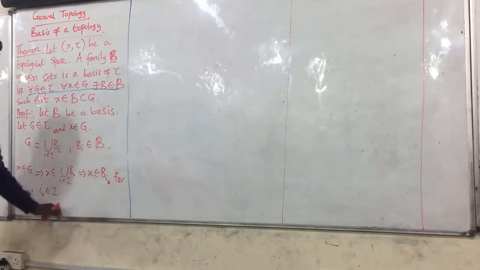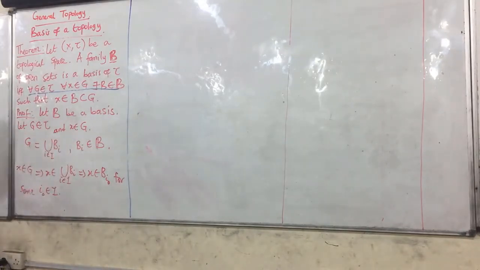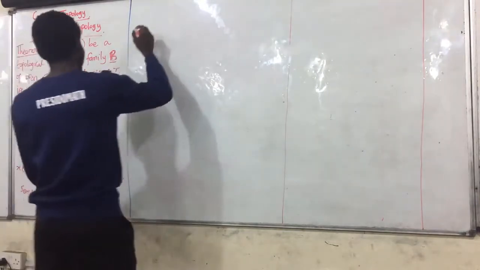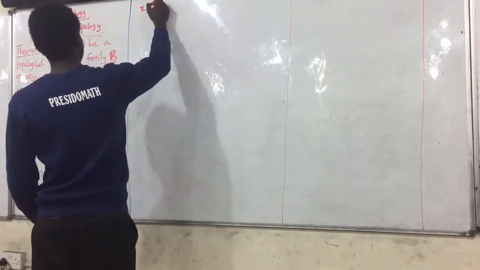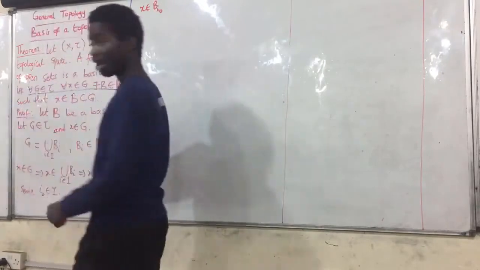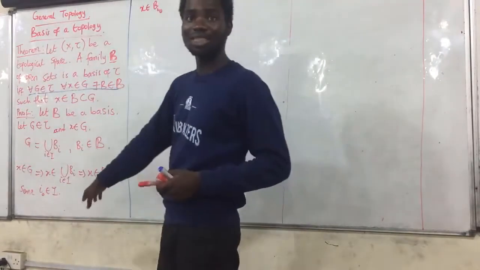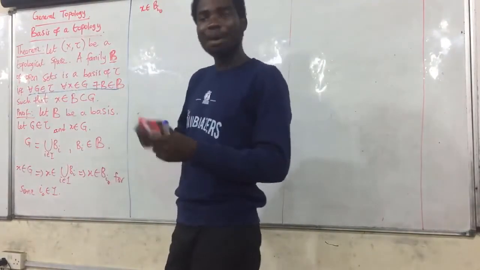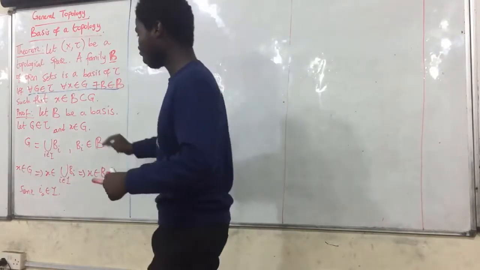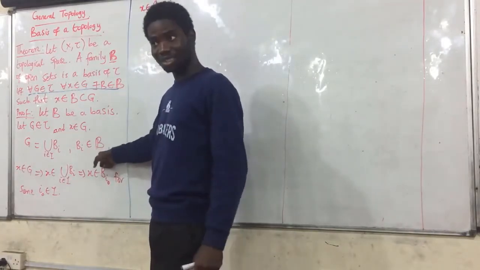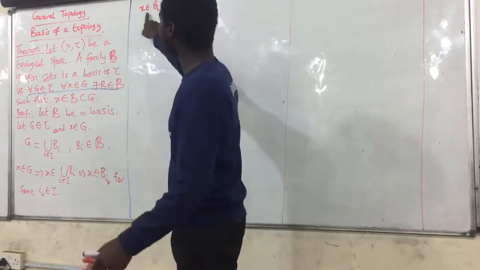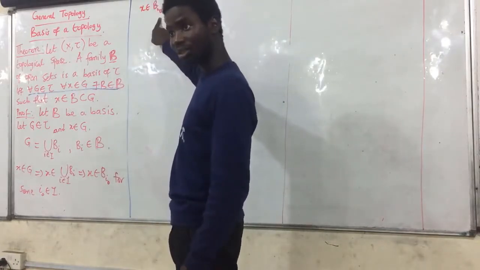So do you understand where I am now? It means that S belongs to B_i0, isn't it? I've written it before, for some i0 in I, right? And what does that mean? This B_i0 is in the basis, isn't it? S is a member of B_i0, isn't it?